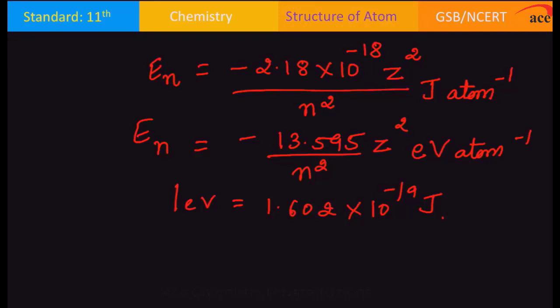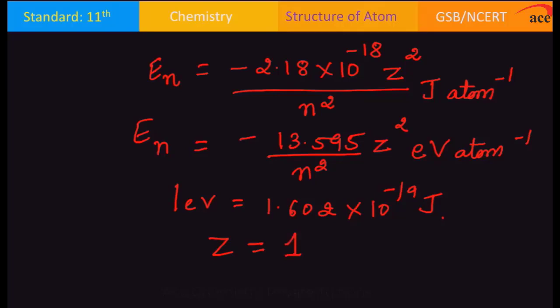Okay. Now, what is Z here? Atomic number. But we clearly said that Bohr explained all the concepts with respect to the hydrogen atom. So in case of hydrogen atom, Z is 1.